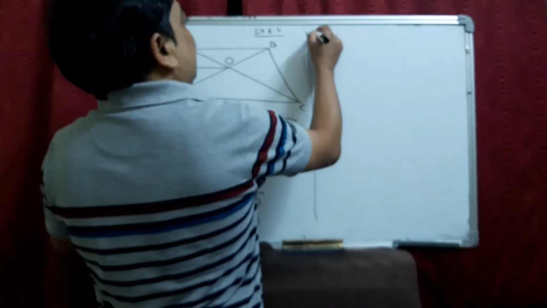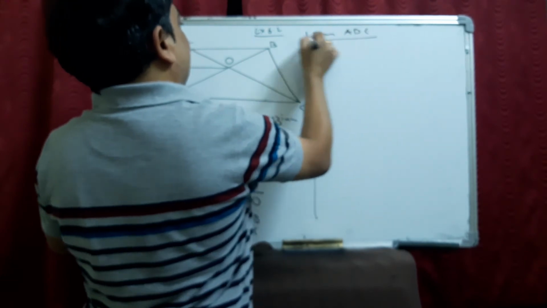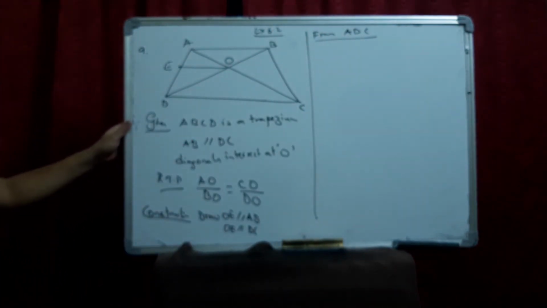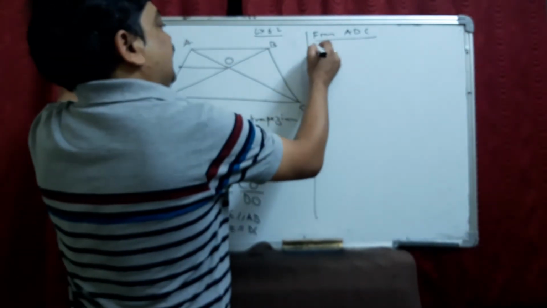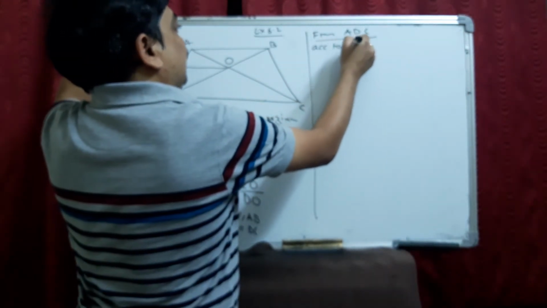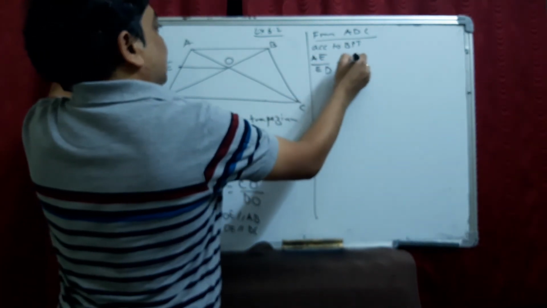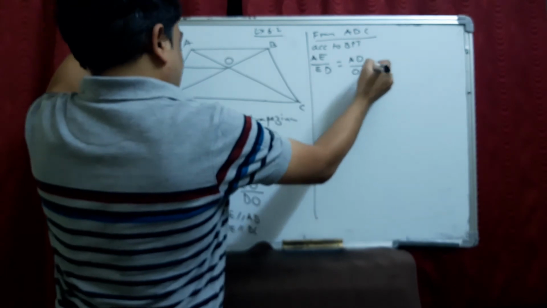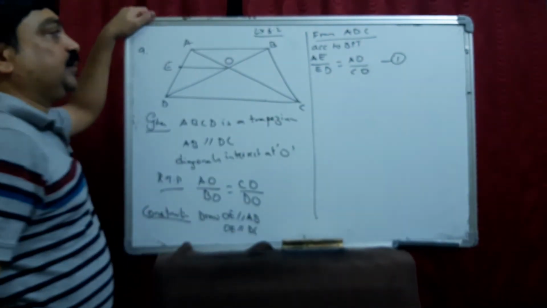Now, take triangle ADC. According to BPT, what happens here? AE by ED is equal to AO by OC, or CO, AO by CO. Keep it as 1.